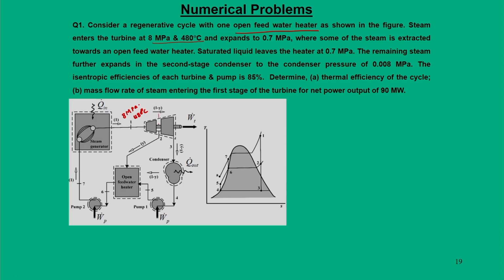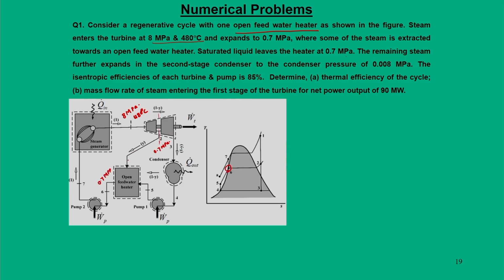So, at point 2 the pressure is 0.7 megapascal, and in this situation some of the steam, that is Y unit, is extracted by the feed water heater unit. The saturated liquid leaves the heater at 0.7 megapascal, that means at state 6 it is saturated liquid, and that pressure is 0.7 megapascal.